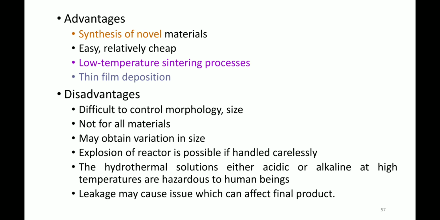The hydrothermal solutions, either acidic or alkaline, at higher temperatures are hazardous to human beings. There are certain fumes which can be generated at higher temperature and pressure, and for that it is necessary to take out these fumes through some exhaust system.